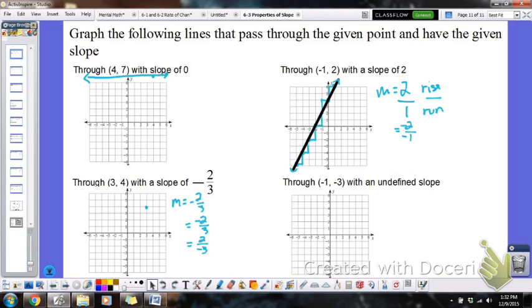And since I know that slope is rise over run, I can take my original point and I can go down 2 and to the right 3 and get a point. Or I can go up 2 and to the left 3 and get a point.